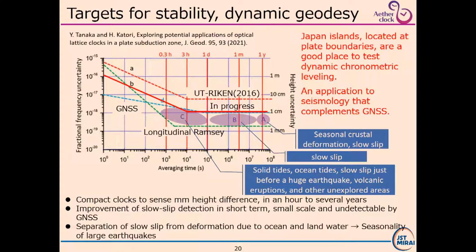If we make compact clocks to sense millimeter height differences on a time scale of hours to many, many years, which is good for clocks, then we can detect, for example, a very small slow slip, which is a precursor of a big earthquake.